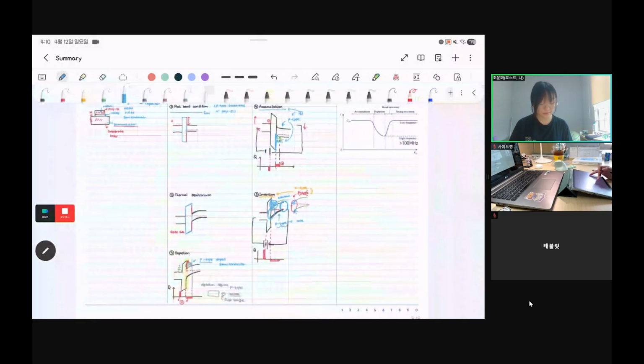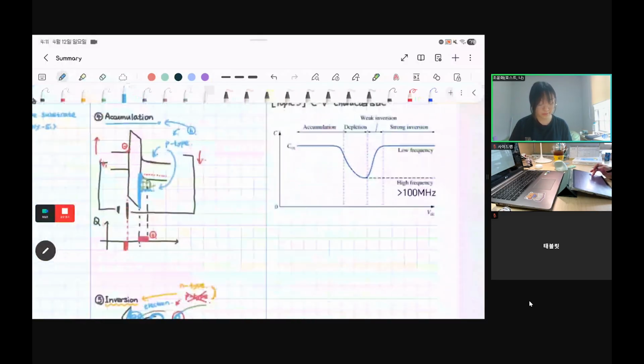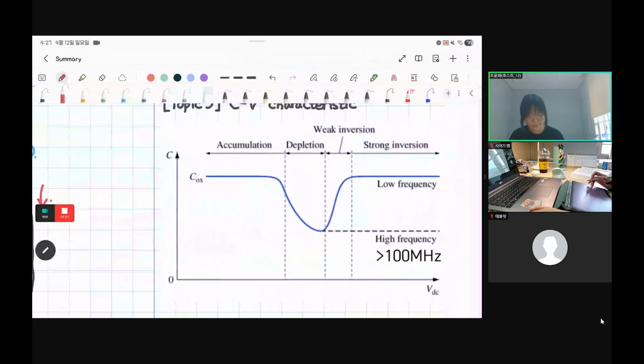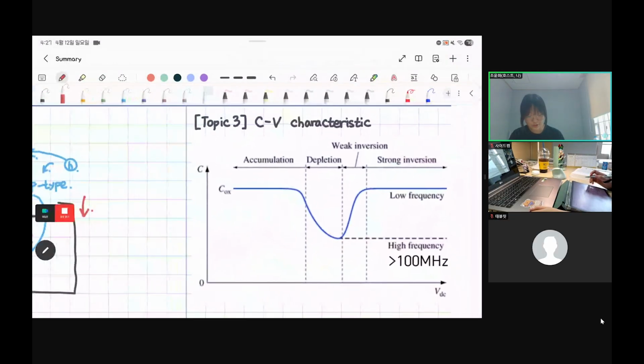And last, we will see the CV characteristic. As I mentioned, this MOSCAP device acts like a capacitor, so we can discuss the capacitance.